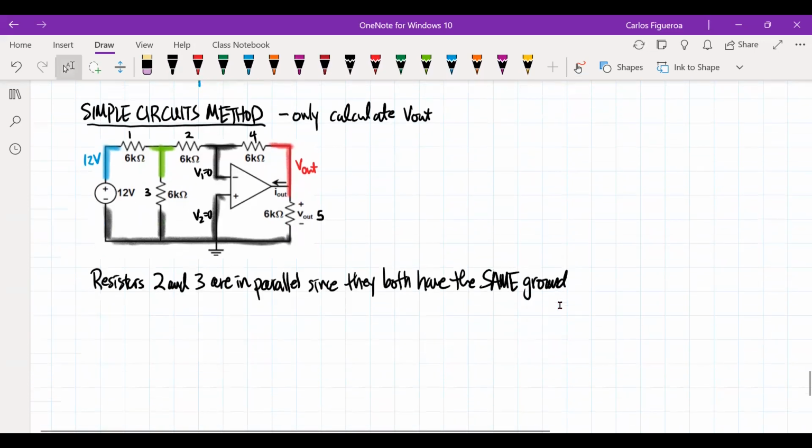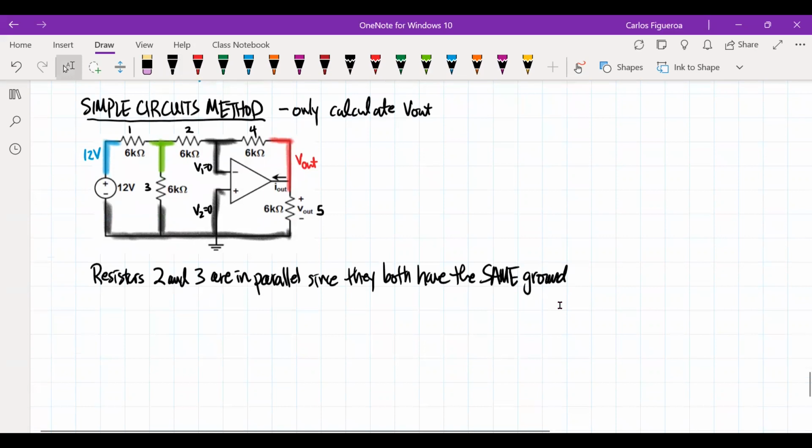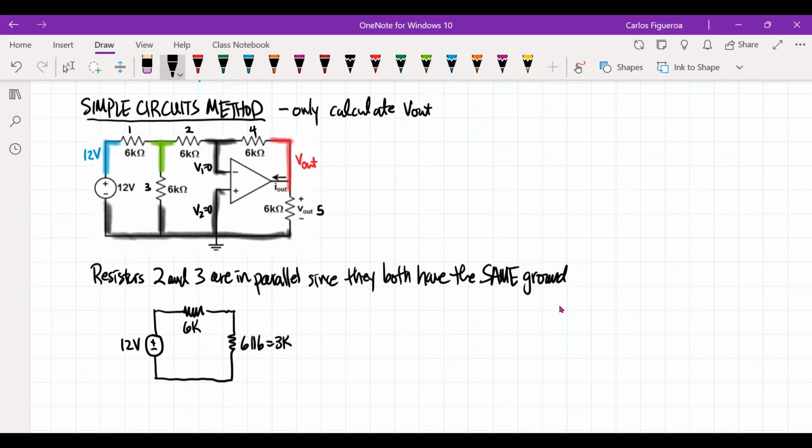Now if I look at just this little circuit here, I really have this circuit. If I look at the sub-circuit, it looks like this. I have this resistor, and then I really have one resistor here, which tells me that this is 6 parallel to 6, which is a 3K, and then this one's a 6K.